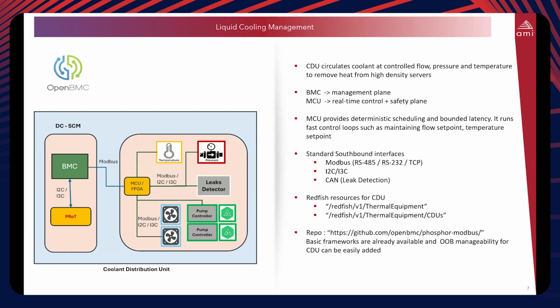And the MCU has closed loop flow control so that it maintains an optimal flow of coolant based on temperature and pressure sensor values, right? And the standard southbound interfaces typically used in any CDUs are Modbus with protocols like RS-485, RS-232, or even TCP. And I2C and I3C, and in a few designs, we also see the CAN bus used to detect leaks, right?